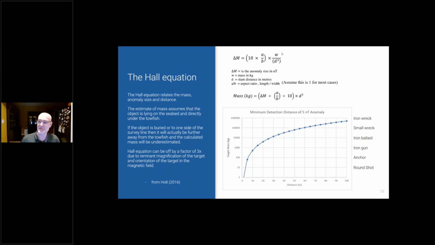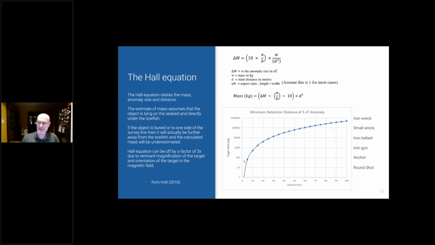So here's the equation up here, and it's saying that the anomaly size in nanotesla, that's the spike that we measure, is equal to 10 times the aspect ratio times the mass of the target, W, divided by the slant range distance, which is D cubed.